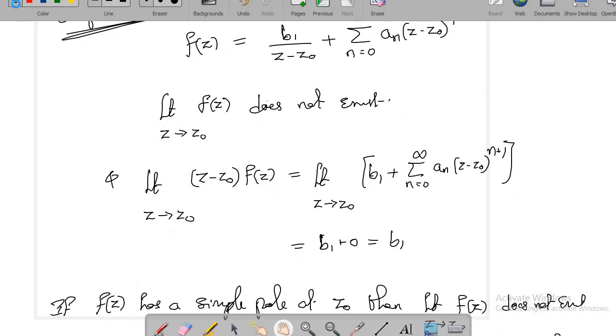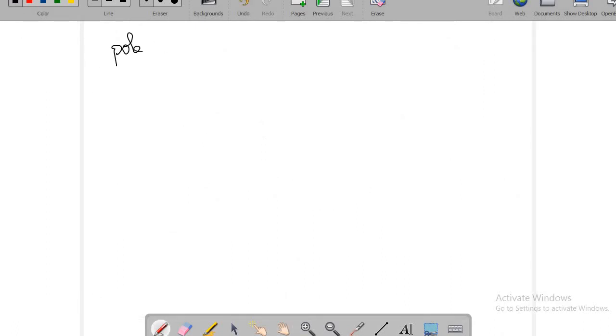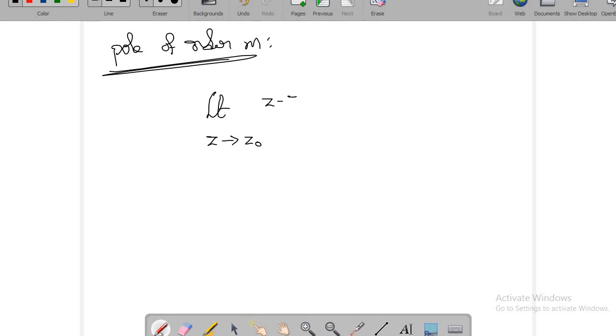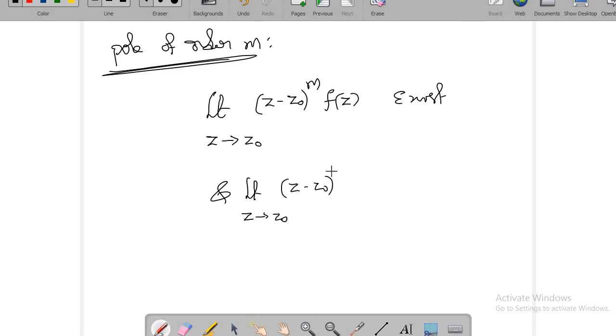Similarly, if you have a pole of order m at z naught, then limit z goes to z naught, z minus z naught whole power m into f of z exists, and limit z goes to z naught, z minus z naught whole power k into f of z does not exist, where k is strictly less than m.